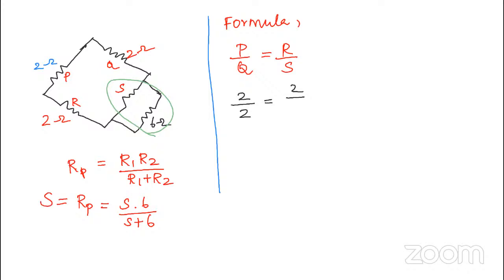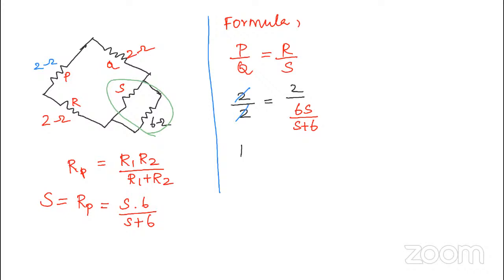Okay, so now we are going to substitute this value here. So direct substitute: here it is 6S divided by S plus 6. Okay, so here we have to cancel the common terms. From the left side, what values will be there?